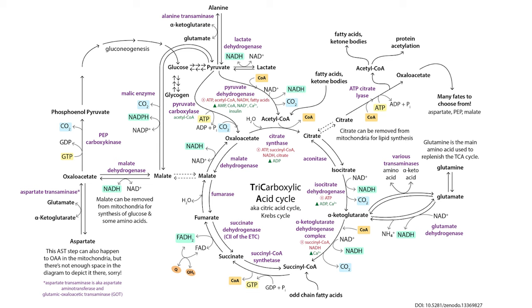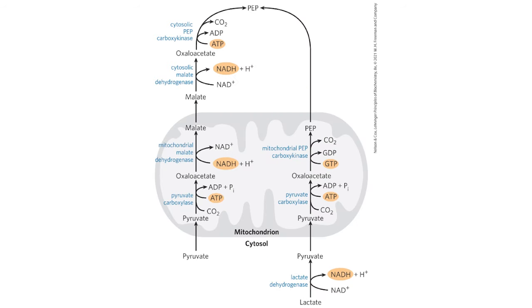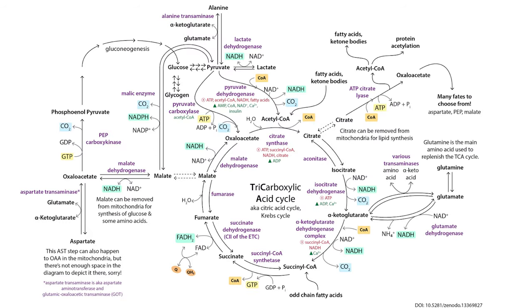Because of this, that's why we had to go through our complicated gymnastics of taking the malate out of the mitochondrial matrix if we wanted to convert it to phosphoenolpyruvate, if we wanted to do gluconeogenesis. Similarly, we're going to take citrate out of the mitochondria instead of taking acetyl-CoA out of the mitochondria if we want to make fatty acids, because we can't take acetyl-CoA out of the mitochondria, as we talked about in this video.